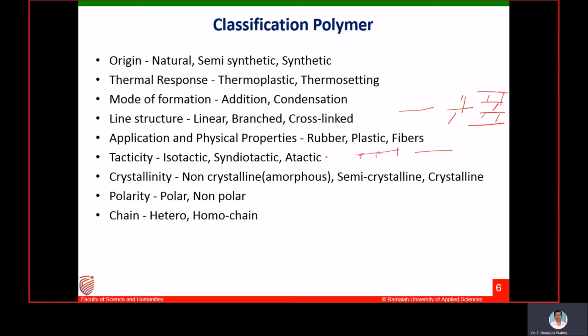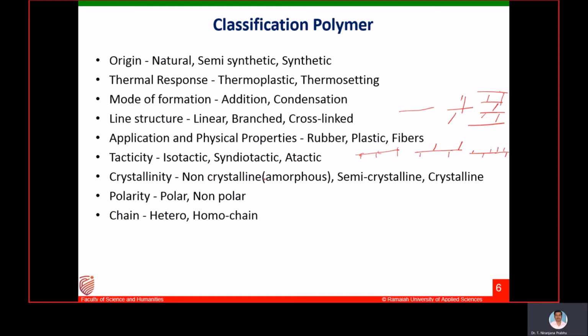Syndiotactic: one functional group is placed below, one above, one below, one above, like this. Atactic: there is no regularity in the positioning of side groups. So based on tacticity, polymers are classified as isotactic, syndiotactic, atactic.